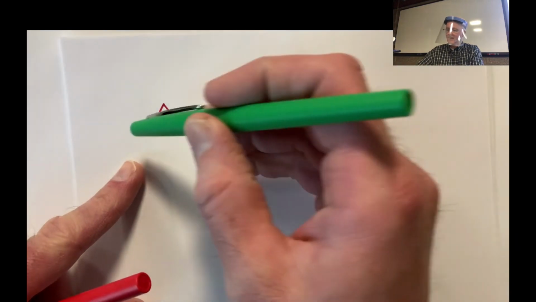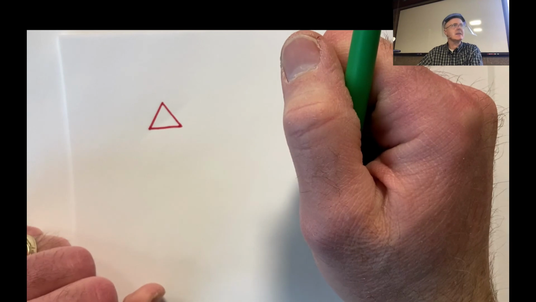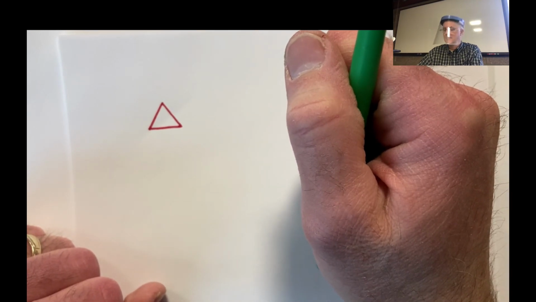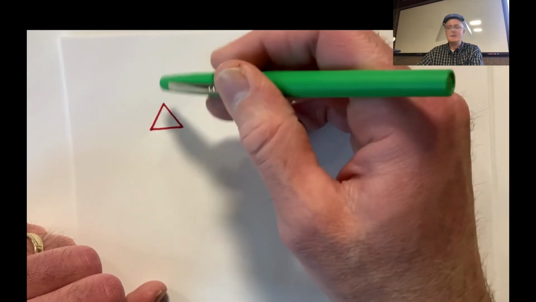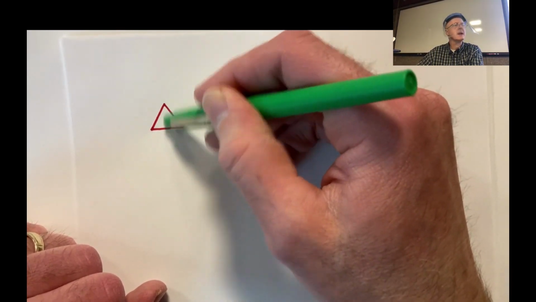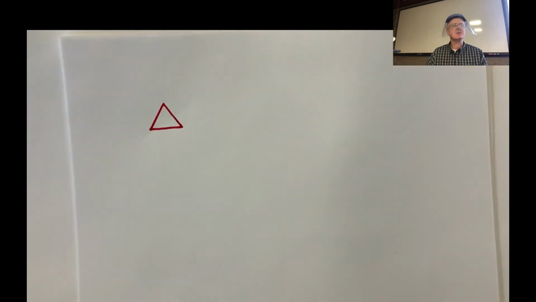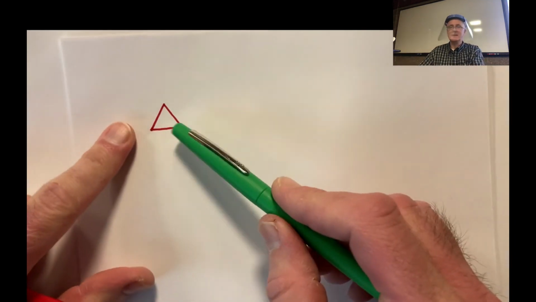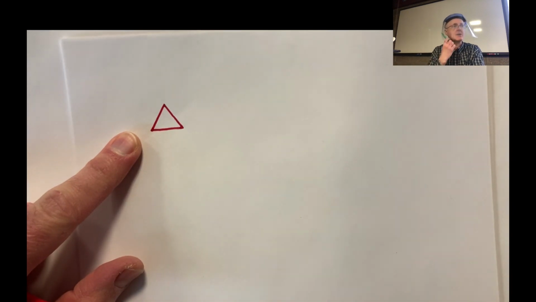You can also reflect. It's got lines of symmetry. For example, across this line, if you reflect across that line, it looks the same. Across this line, if you reflect across that one, it looks the same. And across this line, straight up and down, it would look the same. Those are called reflections or flips for short. They are also symmetries of this as functions of points in the plane, which you could write down formulas for actually.